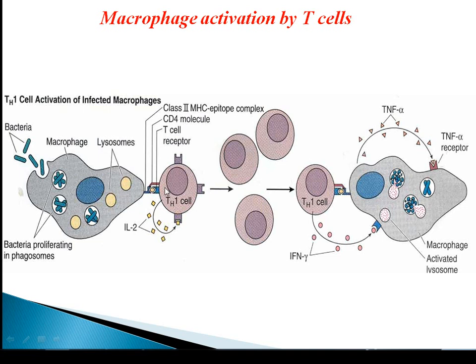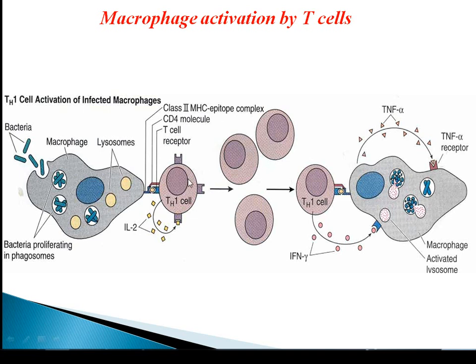The activation of the T helper 1 cell requires two steps. In one step, the T helper 1 cell CD4 molecule and T cell receptor have to recognize the epitope-MHC II complex of the macrophage. And for the second signal, the T helper cell activates itself by expressing interleukin-2, as we see here, and it expresses interleukin-2 receptors and releases interleukin-2, which binds to the newly expressed receptors and induces mitotic activity of the T helper 1 cell.